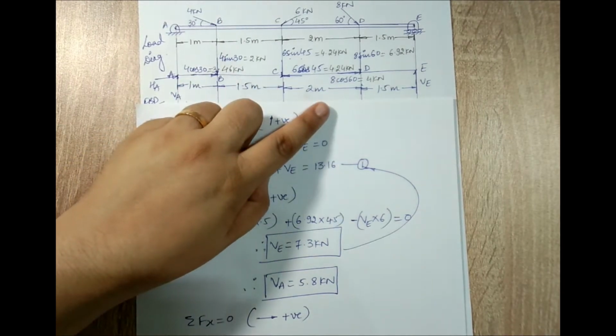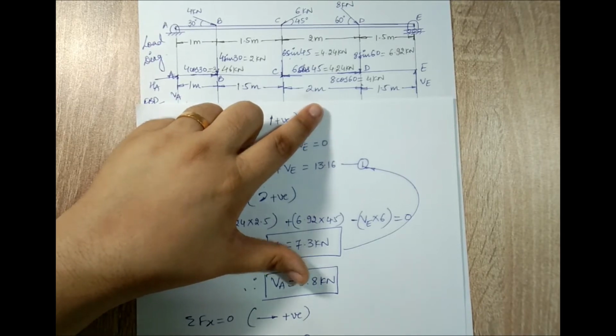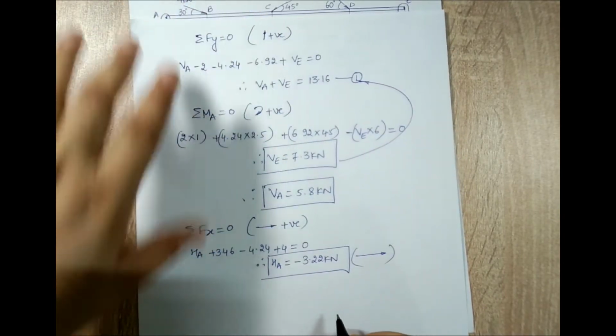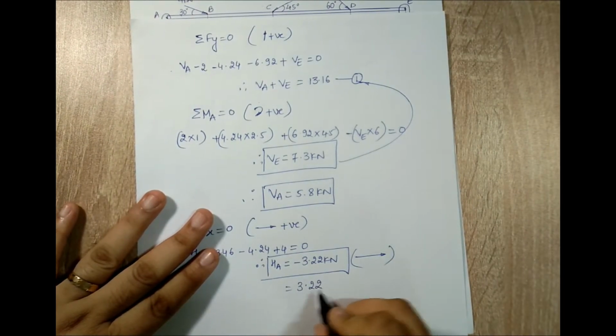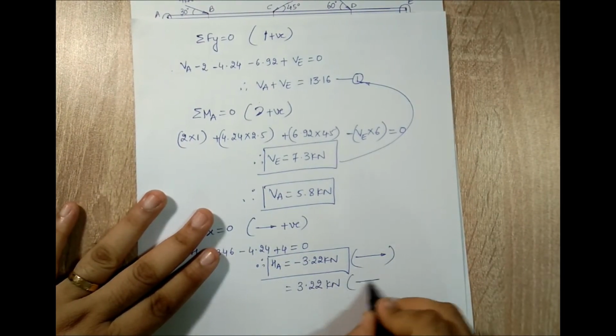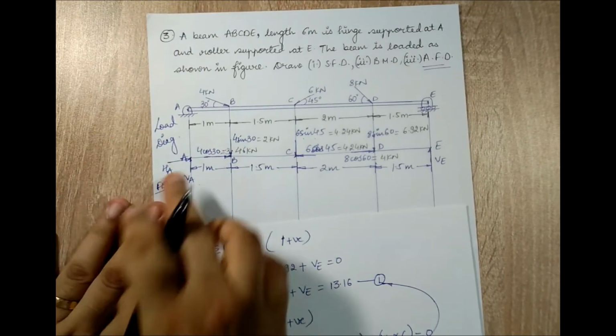Then I have plus 4 is equal to 0. From here I get the value of HA as minus 3.22 kilonewton. Minus 3.22 says that my direction is towards the right. So if I want to get the value towards the left, it will be plus 3.22 kilonewton towards the left. So here my direction is to be changed.